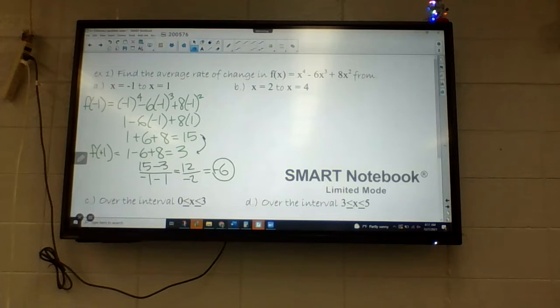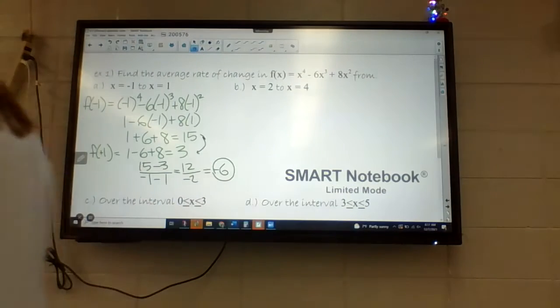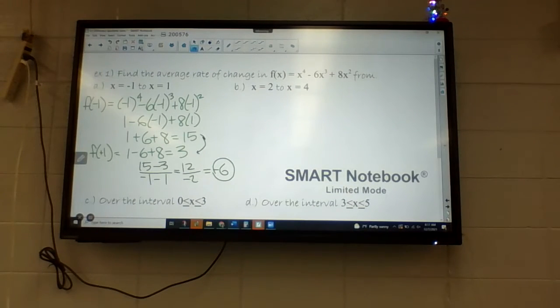So if you guys want to try letter B there, as you're doing that, I'm going to pull up the graph for this so that you guys can see what the graph looks like to kind of show how this connects.